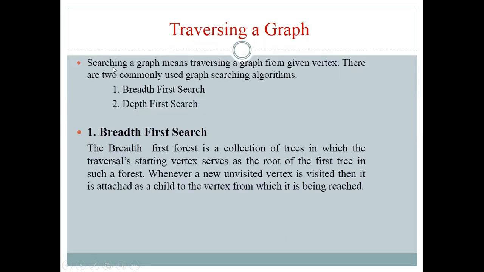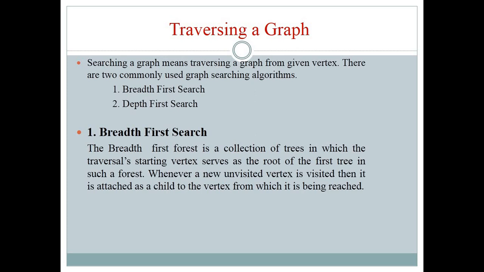First of all, searching a graph means traversing a graph from a given vertex. There are two commonly used graph searching algorithms. First is BFS, which means breadth first search, and the second one is DFS, which means depth first search.